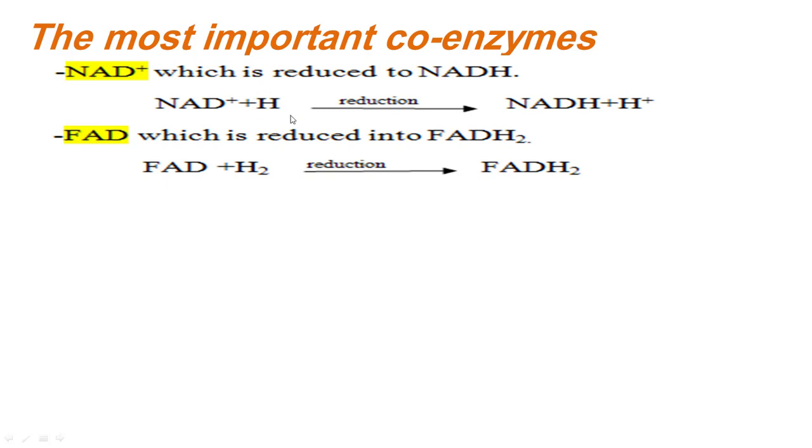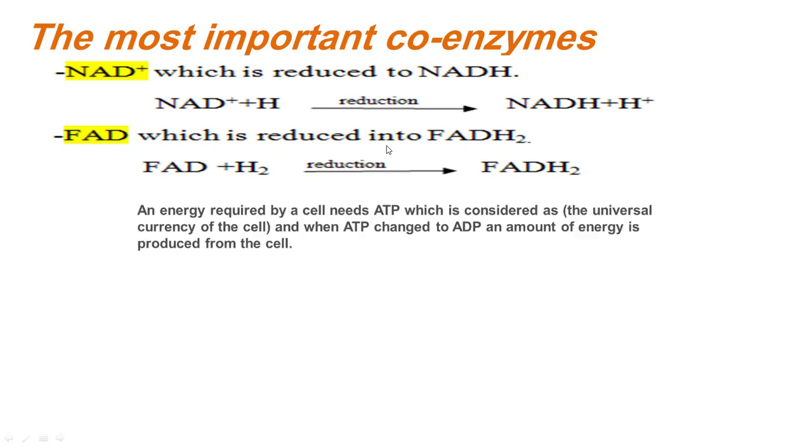NAD reacts with hydrogen and is reduced to NADH, releasing one H because it is satisfied with only one proton or one hydrogen. The second one, FAD, is also reduced with hydrogen, and it is completed with two protons or two electrons: FAD plus H2 gives FADH2, the reduction.